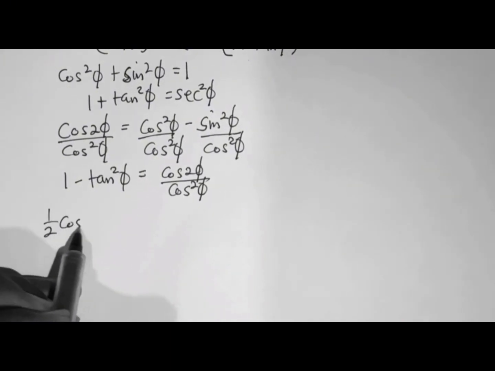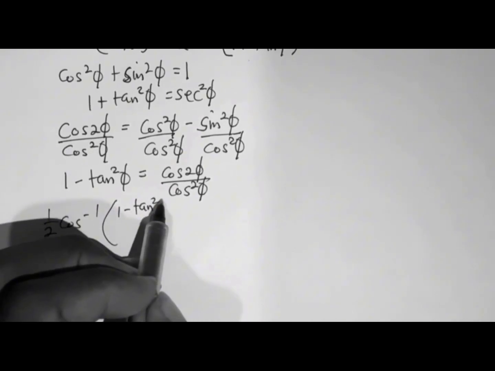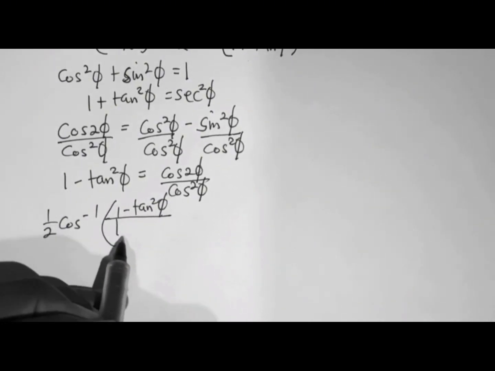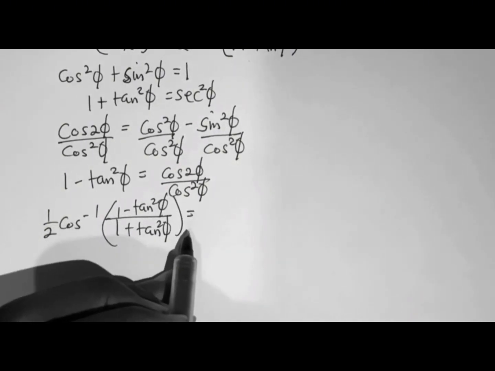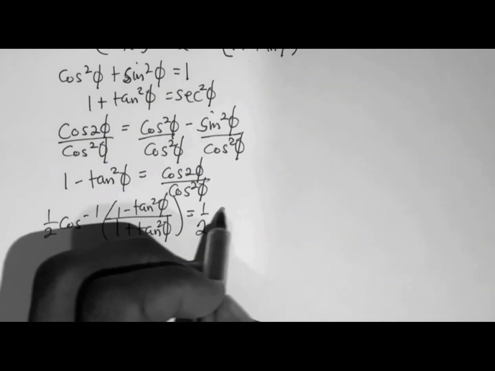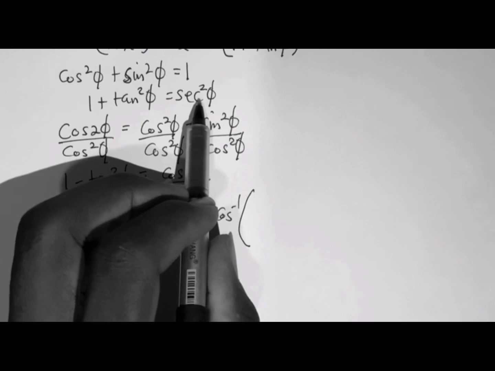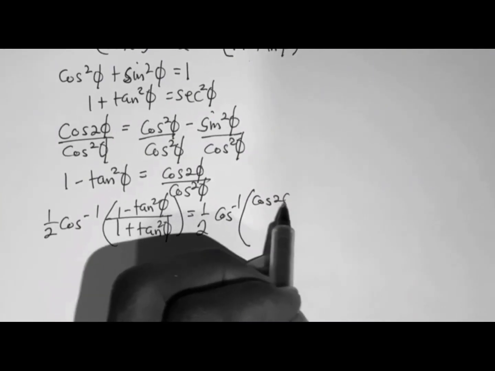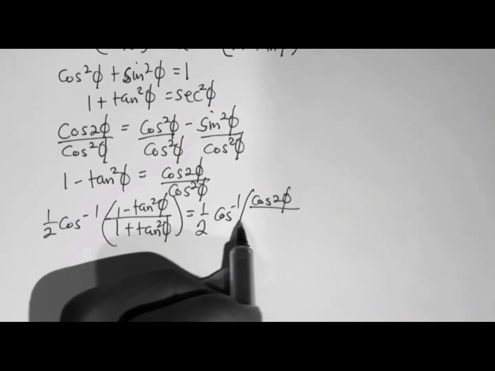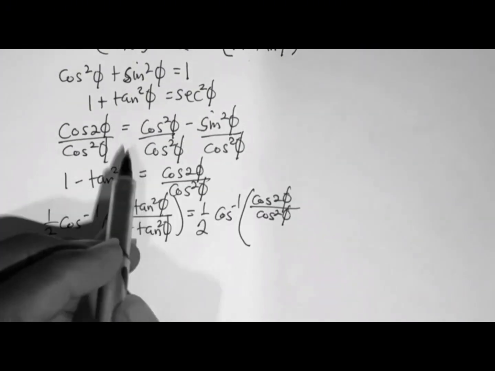And therefore, half cos inverse of (1 minus tan squared phi) divided by (1 plus tan squared phi) can also be written as half cos inverse of, now remember that we said 1 minus tan squared phi is cos 2 phi divided by cos squared phi, all divided by 1 plus tan squared phi, which is sec squared phi.